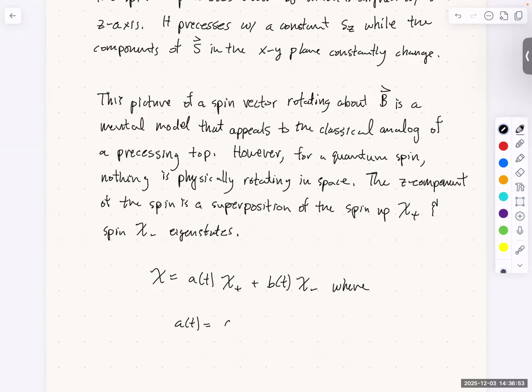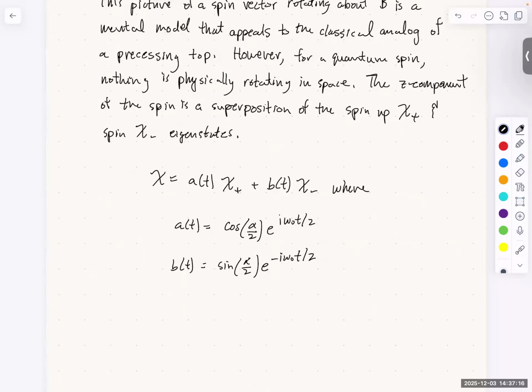A of t is cos alpha over 2, e to the I omega naught t over 2, and B of t is sine alpha over 2, e to the minus I omega naught t over 2.